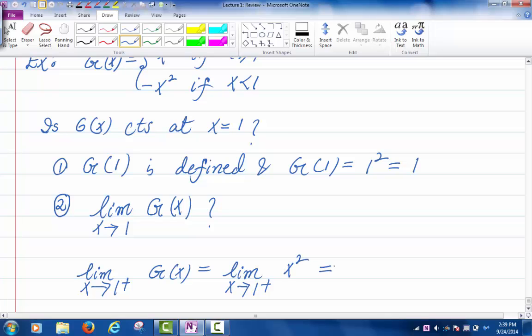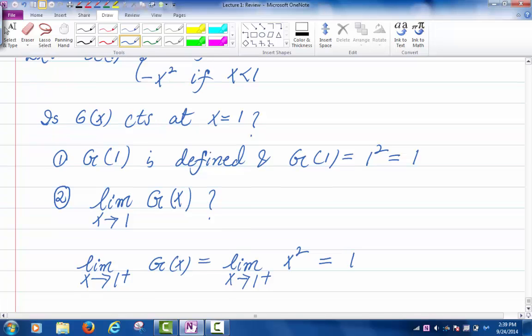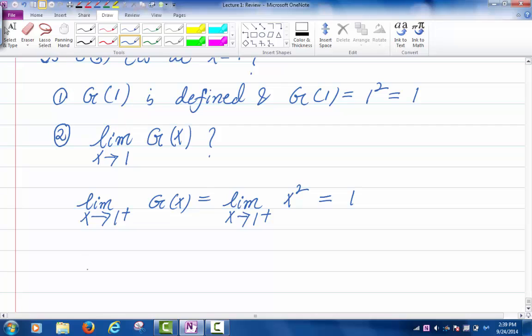And what's the limit of x squared as x goes to 1? Well, that's 1. Okay. How about the limit as x goes to 1 from the left of g of x? Well, this time x is smaller than 1, on the left side of 1, which would mean that the function is given by the second formula, which would mean that the limit is -1.